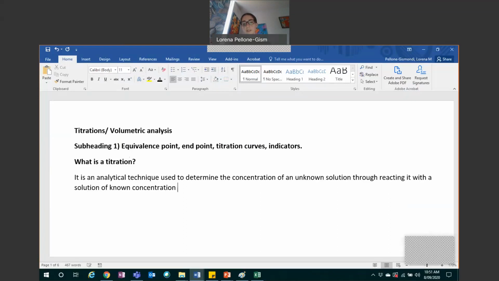And usually we call that a standard solution, as you remember from Stile, hopefully. And usually it's through an acid-base reaction, but it can be redox reactions as well.